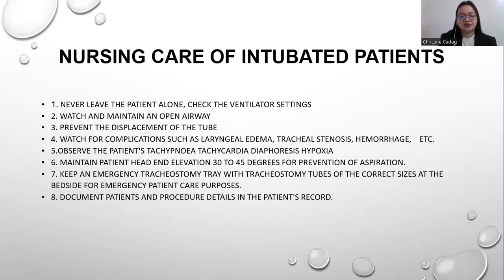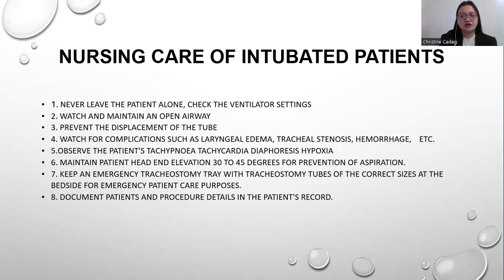So if you see that the heart rate is increasing, the RR is increasing, the patient is perfusing too much, and the O2 saturation is low, you need to check first if there's any secretion, reposition the head, and then check if the ETT is blocked or kinked.